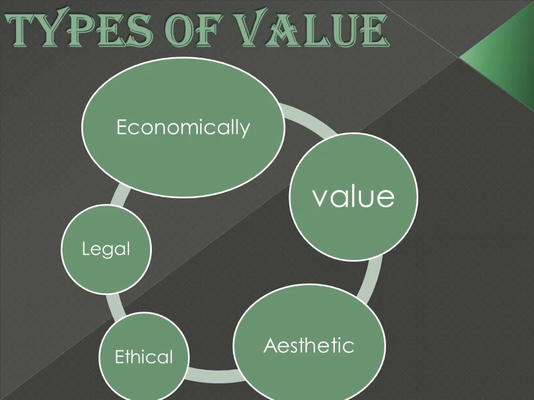So now let's come and read. The first one is economic value. Some resources can be bought or sold. I have already told you about grandmother's home remedies. Before, it was not economically valuable. But after the company found it, they patented the medicine and sold it. They started producing it.